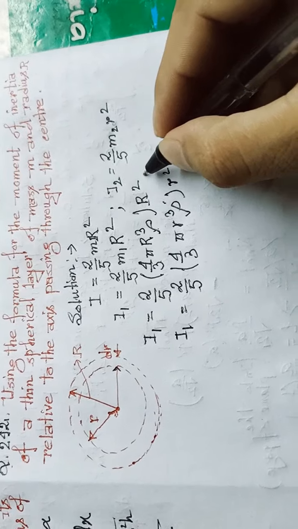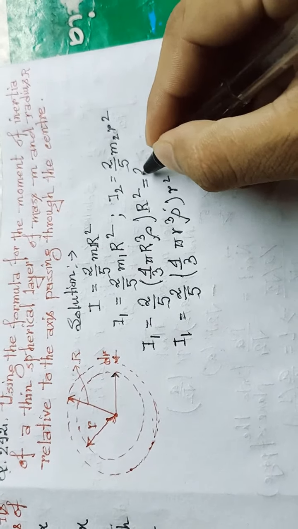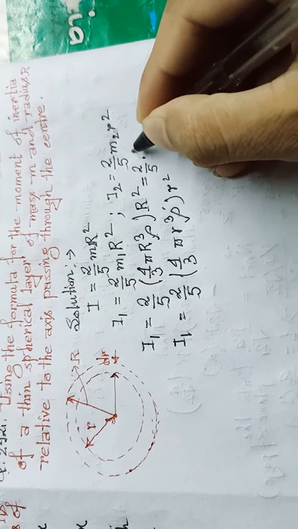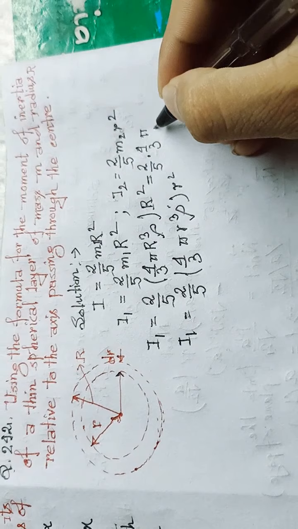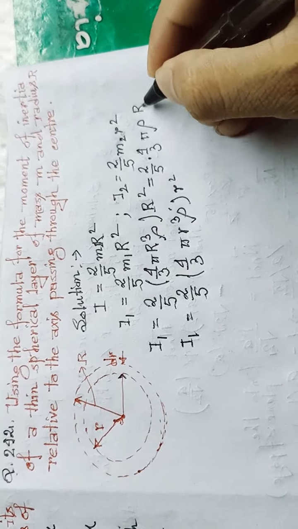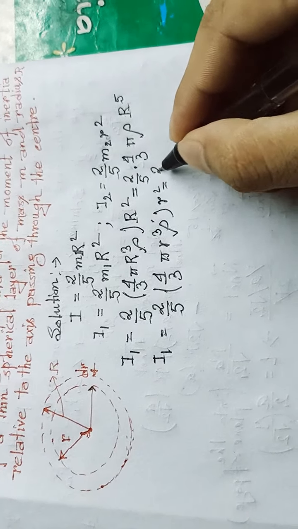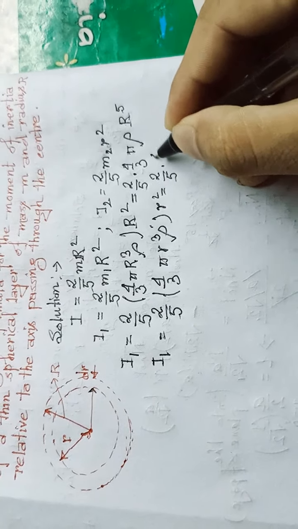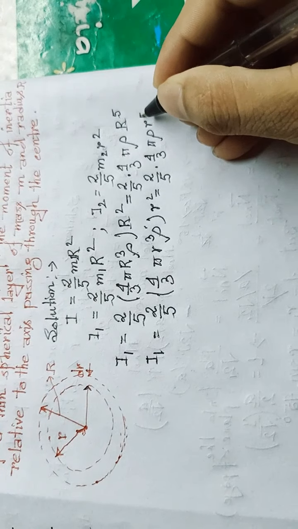So moment of inertia of our outer sphere will be 2/5 into 4/3 into pi rho capital R to the power 5, and moment of inertia of the inner sphere will be 2/5 multiplied by 4/3 pi rho small r to the power 5.